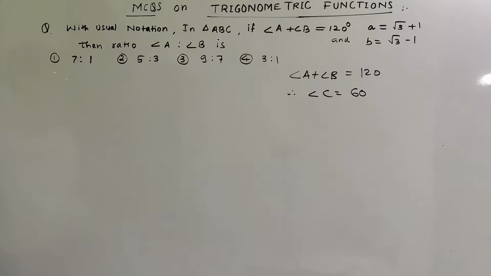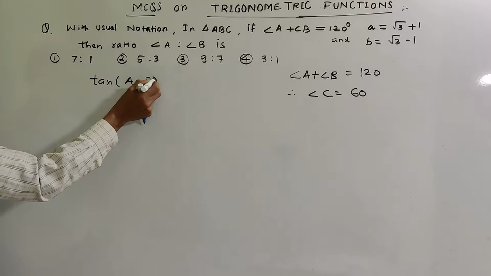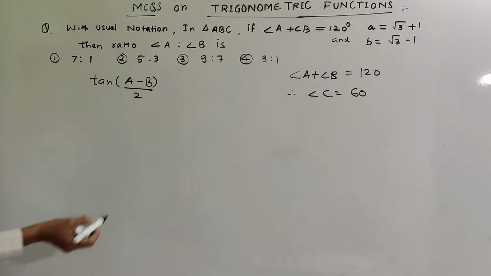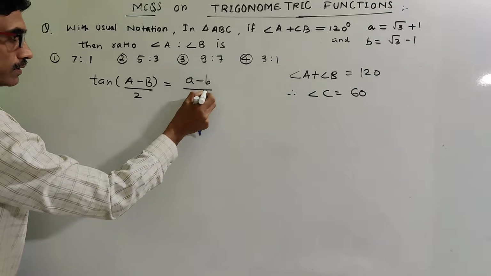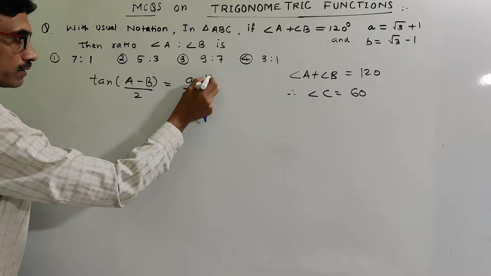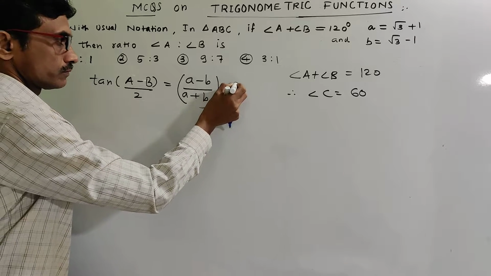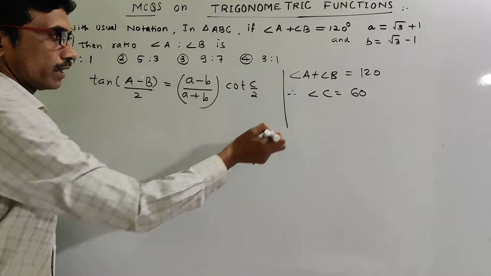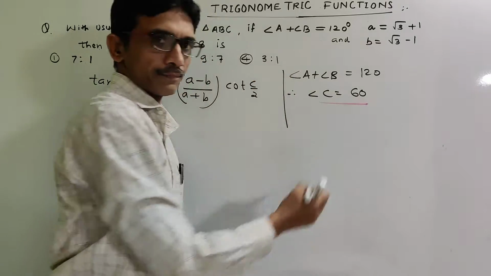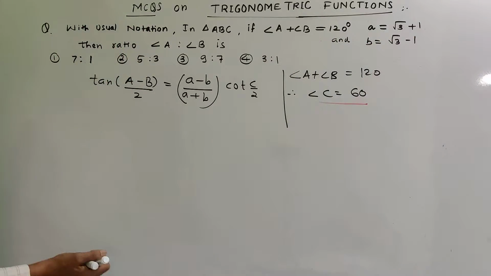Now we have Napier's analogy, that tan of (A minus B) upon 2 is equal to (a minus b) upon (a plus b) into cot of C by 2.